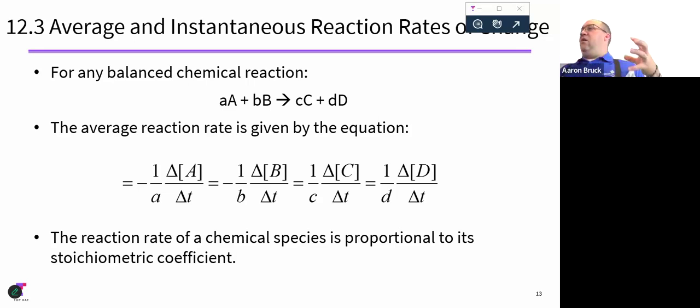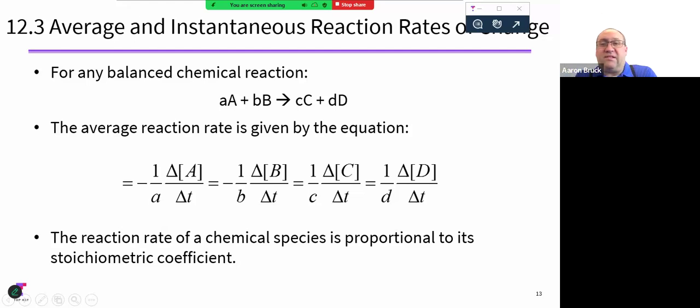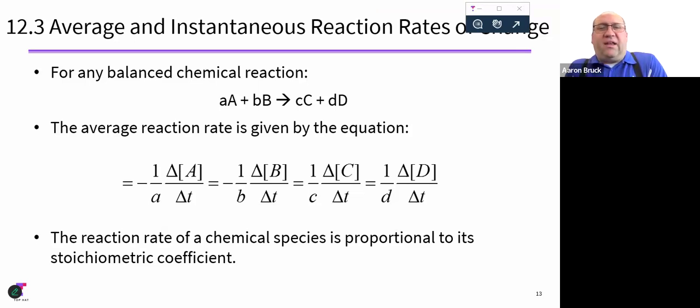Let's expand our chemical reaction to something that's a little bit bigger and a little bit broader. So if I have the balanced chemical reaction, A plus B makes C plus D, where A, B, C, and D all have different stoichiometric coefficients, or even if they have the same stoichiometric coefficients, I can equate all of their average rates by looking at two things.